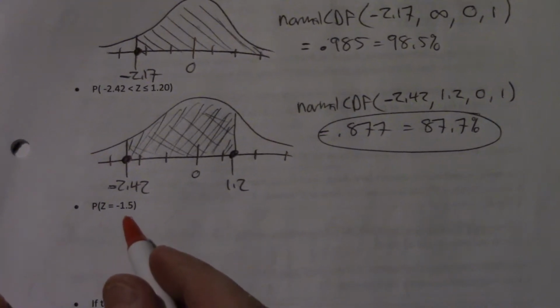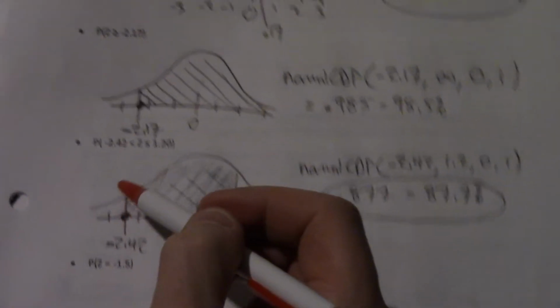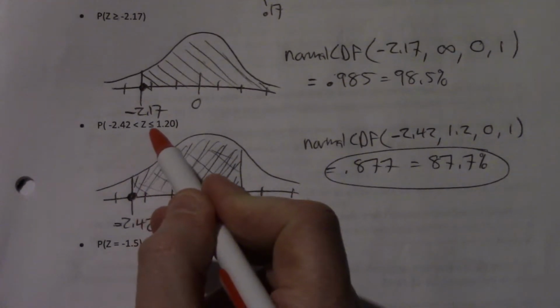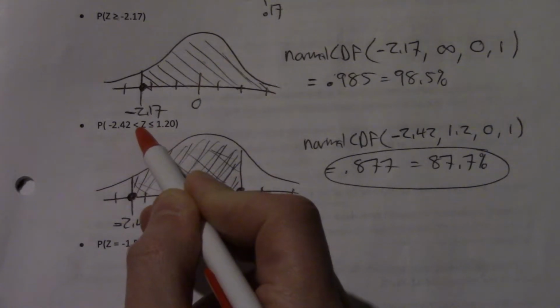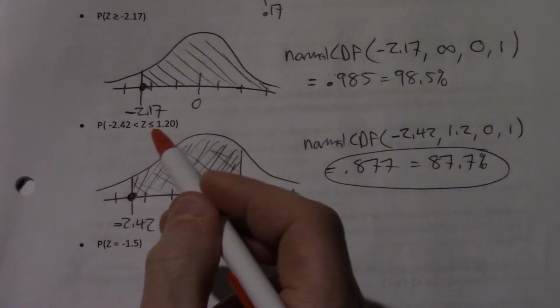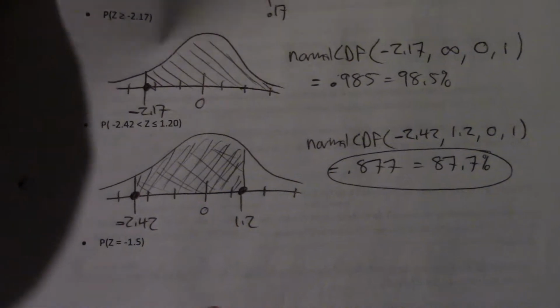So this last one's interesting, and maybe you have a question that you've seen from the previous ones. What do we do with the less thans and equals? What do we do with the greater thans? We're kind of treating them the same. We haven't really paid attention to that.